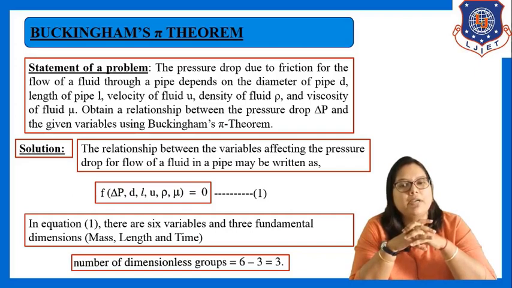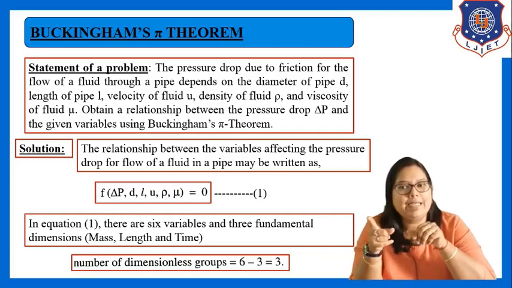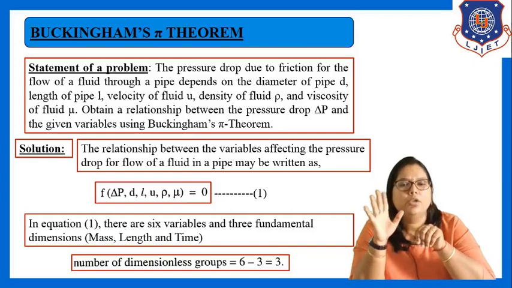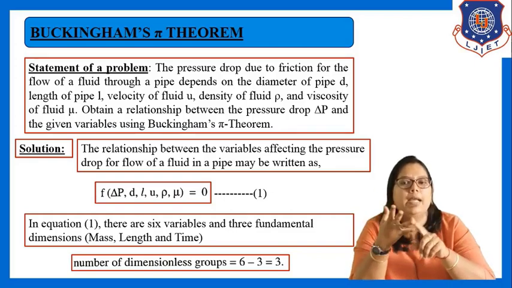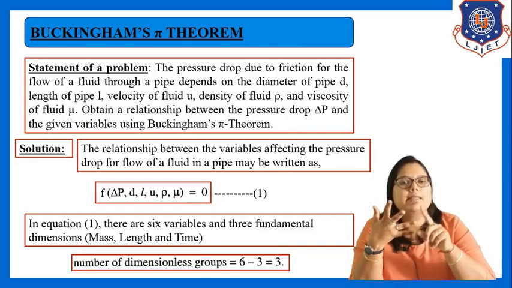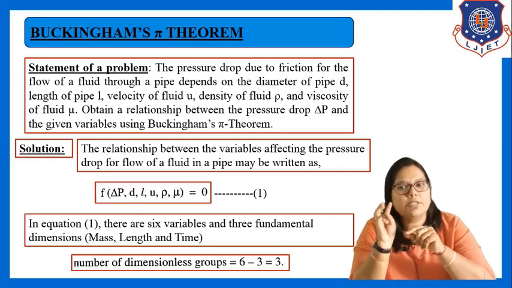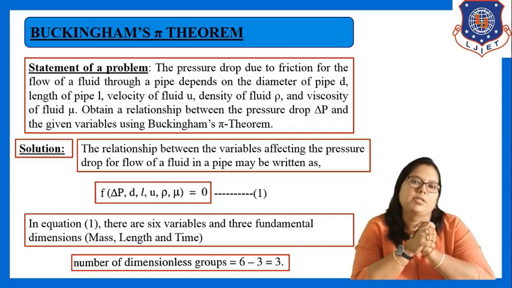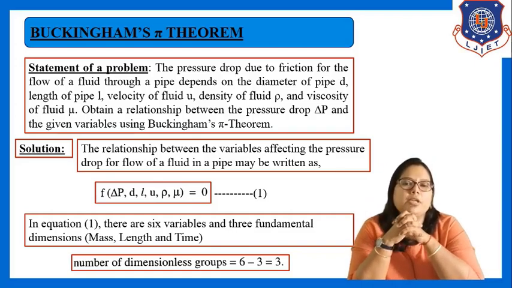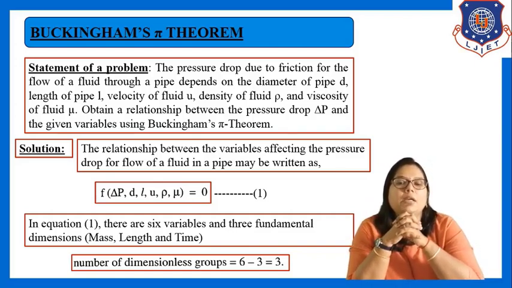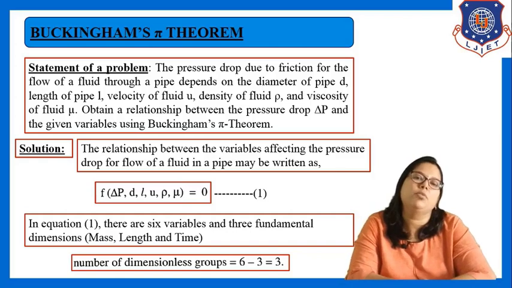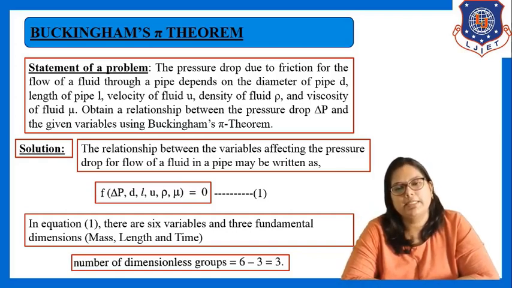How can I say 3 fundamental dimensions? Because when you write the dimensions of all these variables, you have only 3 dimensions, m, L and theta: mass, length and time. Here there are 6 variables and 3 dimensions. Buckingham pi theorem states that the number of dimensionless groups formed is equal to the number of variables minus the number of fundamental quantities.